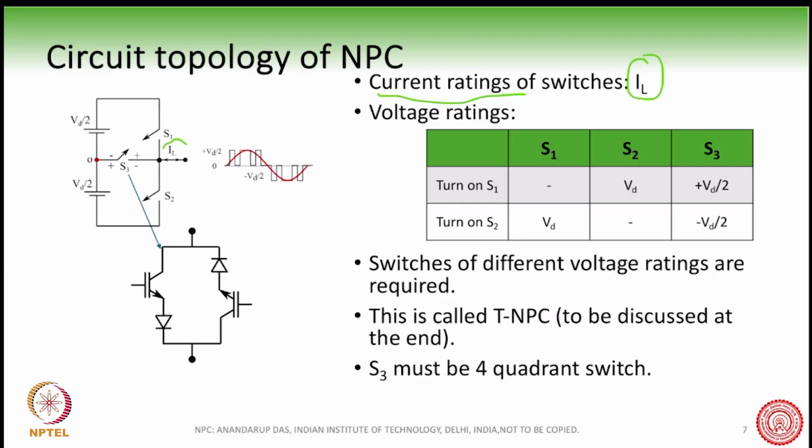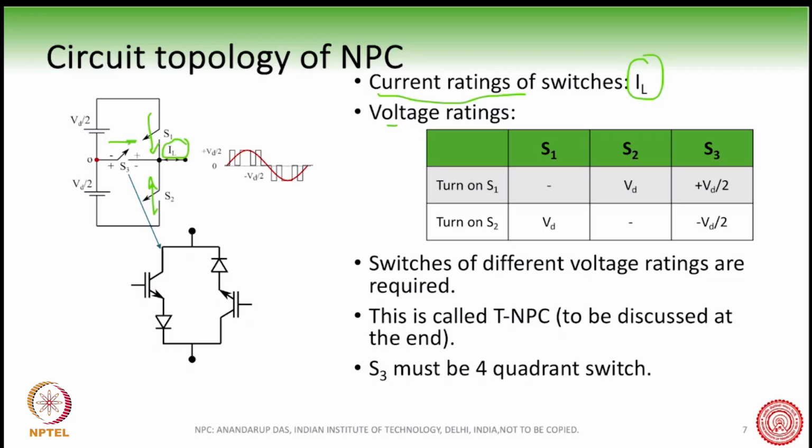Whatever is the peak value of the load current, the switches must carry current of that magnitude, when this switch is conducting, and this switch is conducting. Of course the current will be bidirectional, so these switches S1, S2 and S3 should be able to carry current in both directions. So that is one thing.